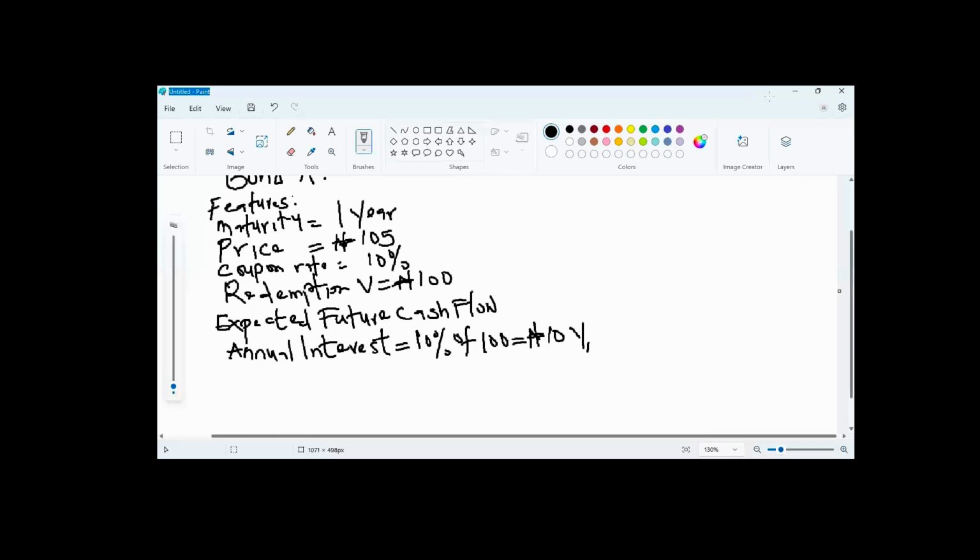Because this bond is for 1 year, the redemption value at the end of year 1 is equal to 100. If you look at the cash flow, both cash flows are in year 1.